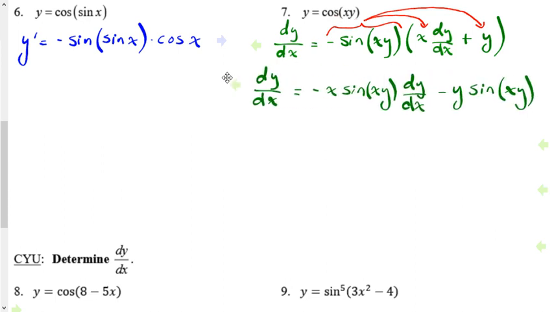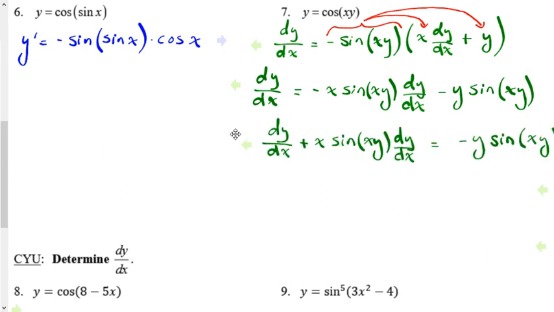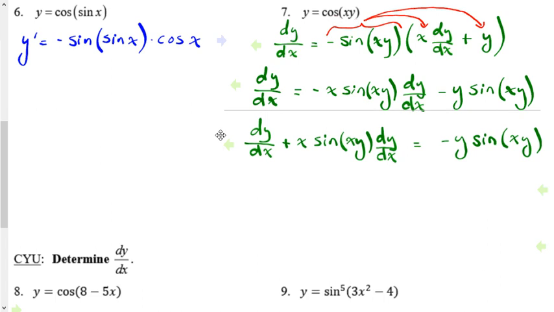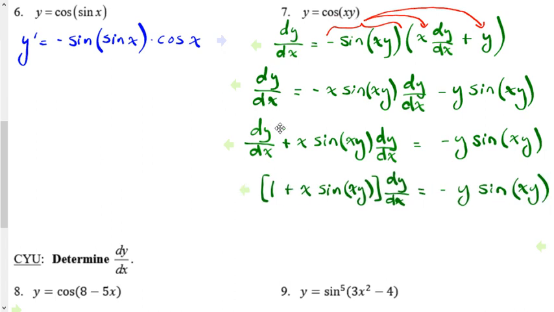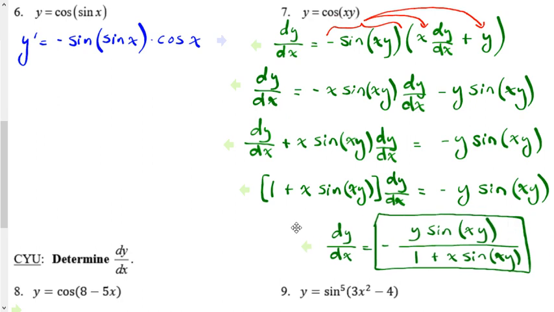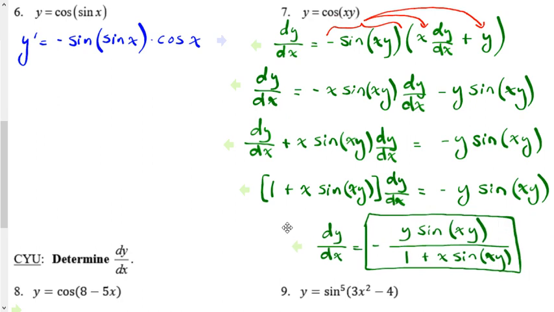The negative times the x times the sine xy times the dy/dx, and then that second term. We want to collect the dy/dx's all to one side of the equation, and then factor out that common factor of dy/dx. And remember here where we just had a dy/dx, when it's factored out, we still have this 1. And then we can divide the square bracket over to the right, and we've found dy/dx using implicit differentiation.